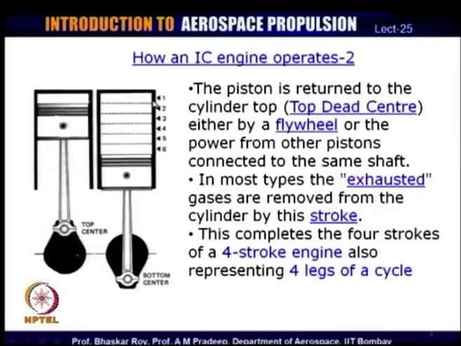The cylinder is our working space, and it is now sent out of the working space, and as a result, once the cylinder is more or less exhausted, fresh charge or fresh air or fuel air mixture can now come in through the inlet valve and fill up the cylinder space all over again for the next 4 strokes. Okay, that means the next cycle through which the work is performed. So, this is how the work is actually sustained from one cycle of 4 strokes to the next cycle of 4 strokes.